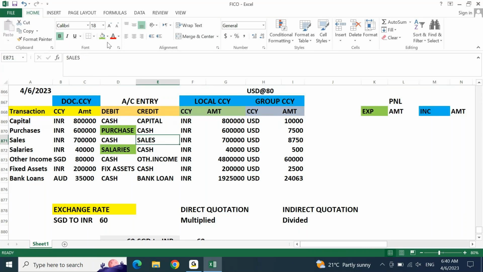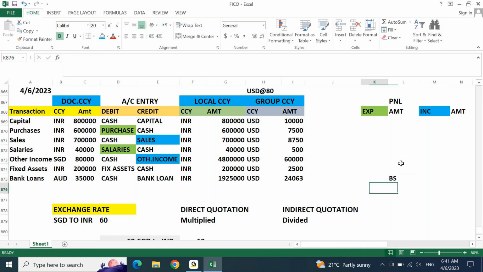Sales is your income. Anything else? Other income. Anything else? No. That's one.